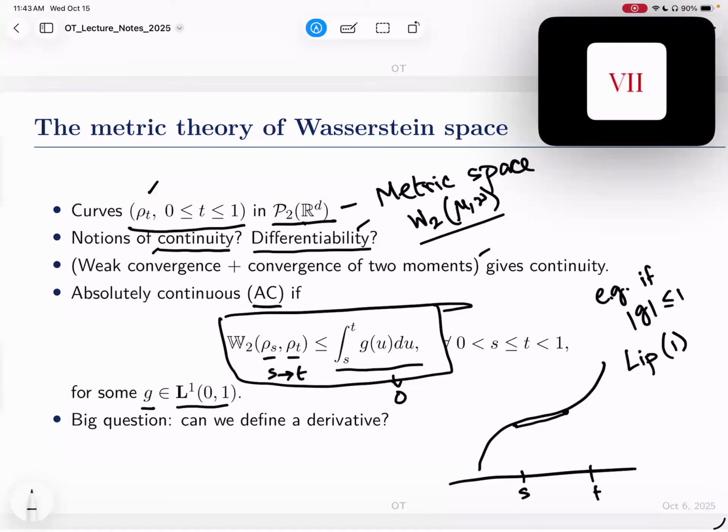Continuity is just weak convergence and convergence of first two moments. For differentiability, we introduce the idea of basically Lipschitz curves, or what we call absolutely continuous curves. Absolutely continuous curves are those where the W2 distance between any two points rho s and rho t is bounded by the integral of g.